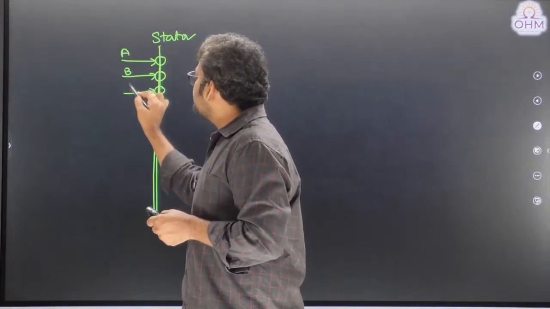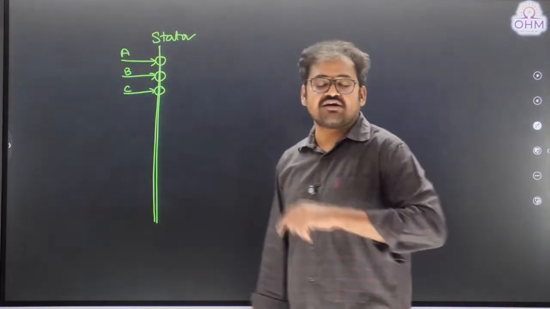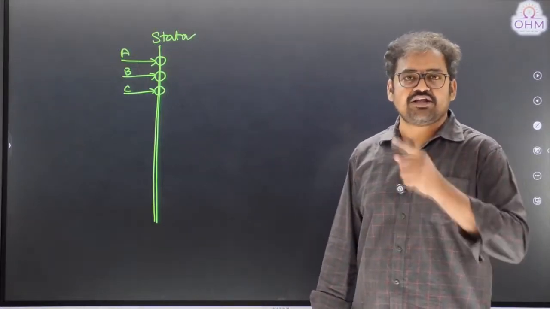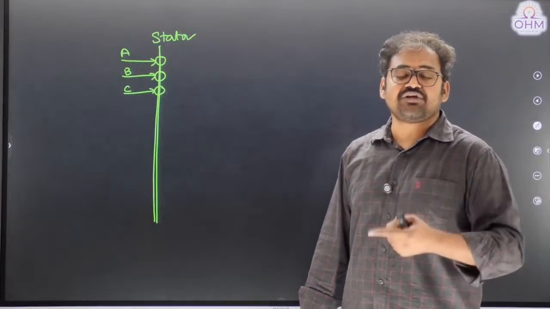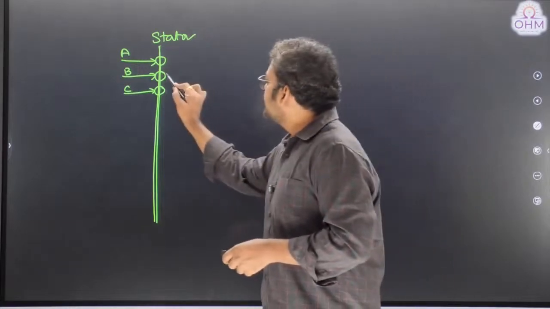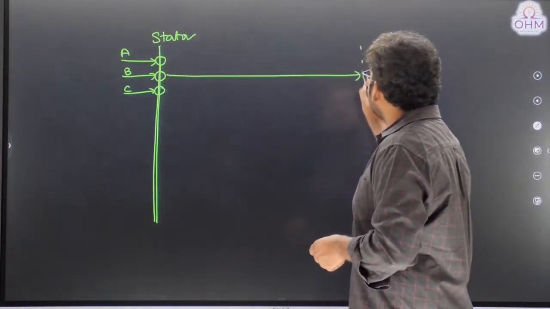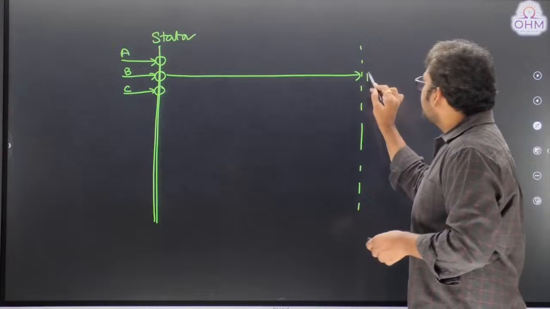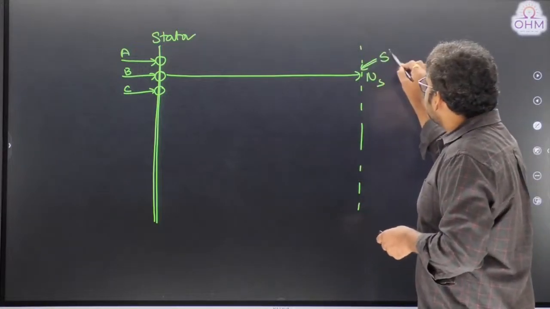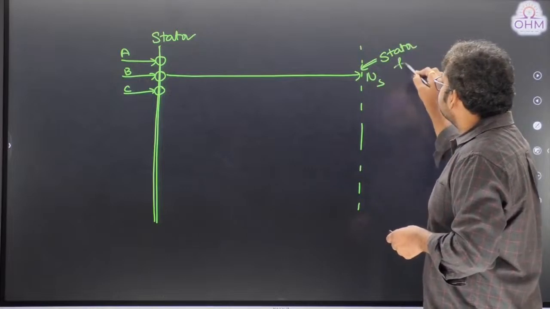Whenever three-phase distributed winding is carrying AC current, it will create a rotating magnetic field. I told you already, distributed winding carrying AC current will create a rotating magnetic field. Therefore, this stator winding will create a rotating magnetic field at synchronous speed. So this is the position of the stator magnetic field.